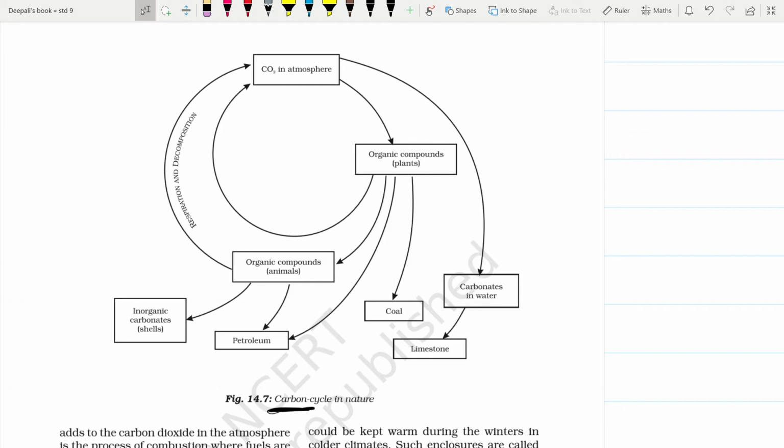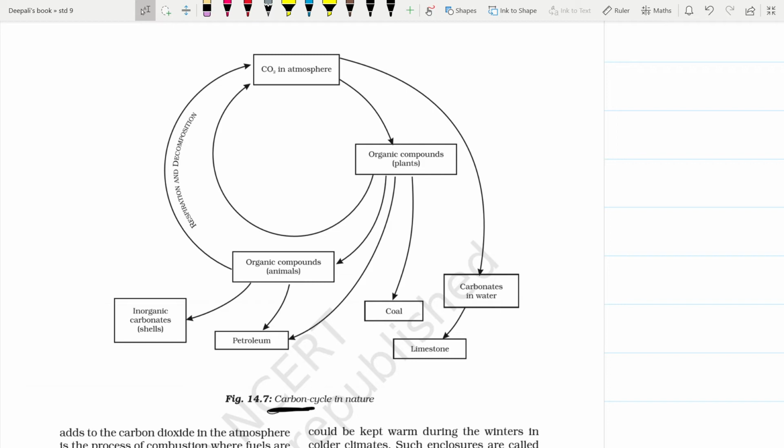Now here, the atmospheric carbon dioxide enters into the lithosphere, hydrosphere or biosphere with the help of the process of photosynthesis performed by plants. These plants release carbon dioxide and take in oxygen during respiration. But during photosynthesis, they take in carbon dioxide and give out oxygen.